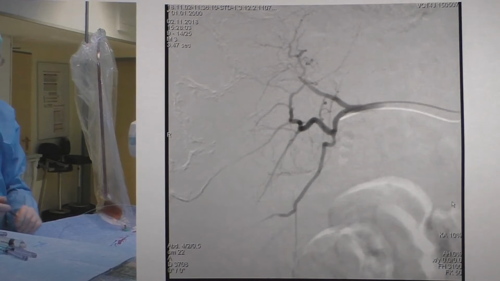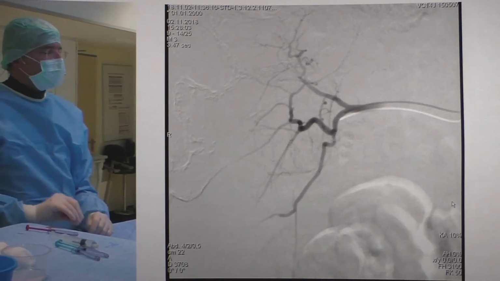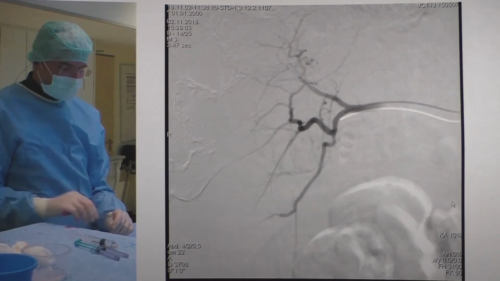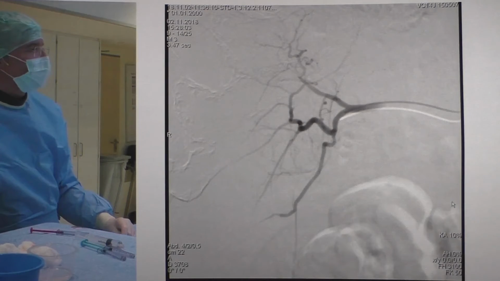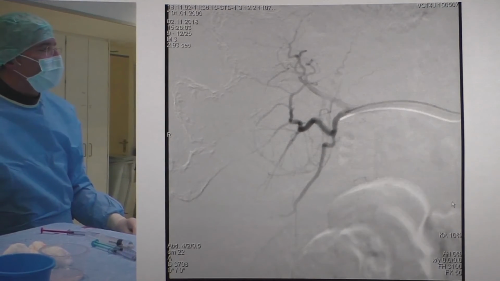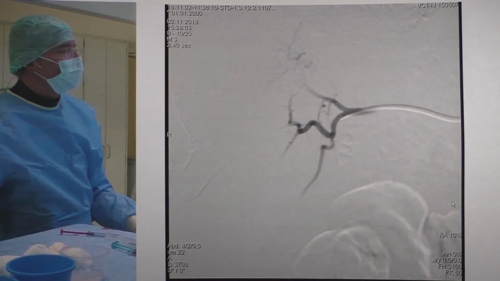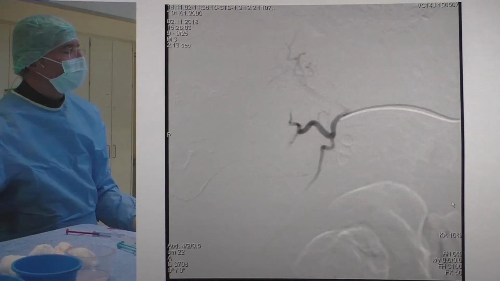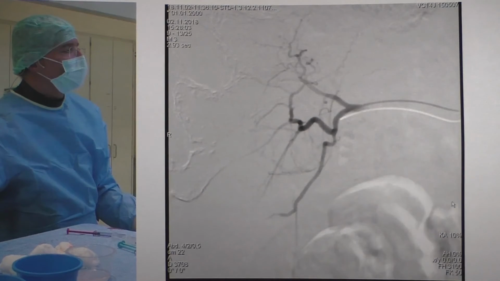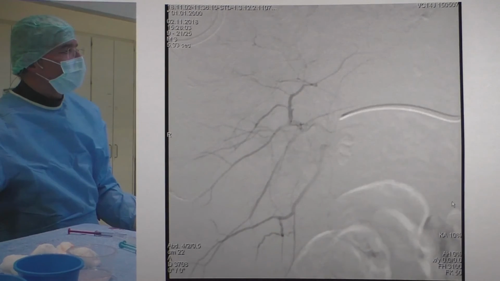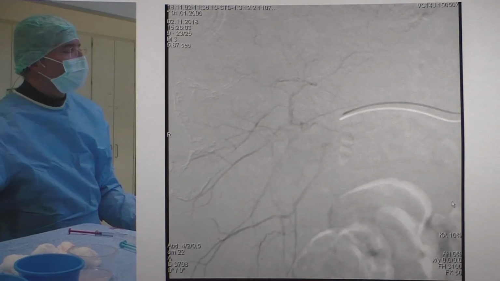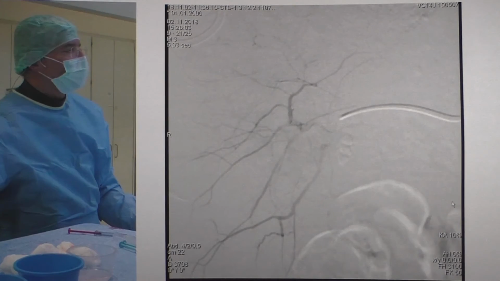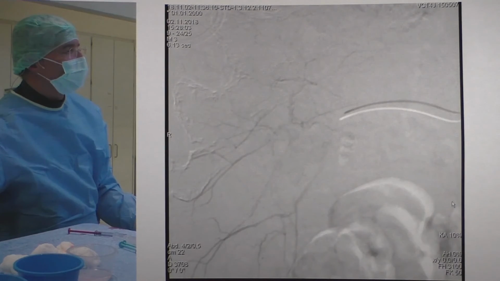So we got one step further, and now we are in the caudally directed vessel here with our microcatheter. So here you can see that. Actually I focused on the strong vessel here originally, but here you can't really see a nice contrast vis-a-vis the tumor.